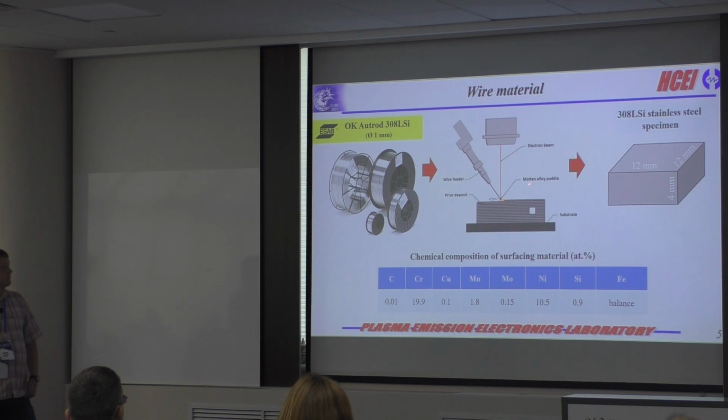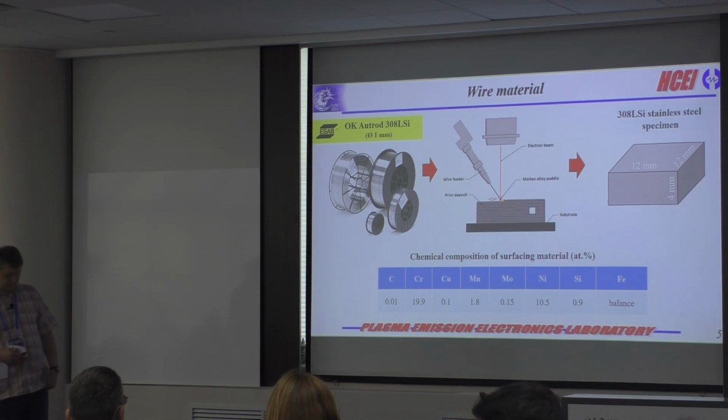After the workpiece was produced, we cut the specimens using an electrospark cutting machine. The specimen was in parallelepiped form with sizes presented on this slide. The surface treated by pulsed electron beam repeats the side of the workpiece. It was part of the workpiece side.